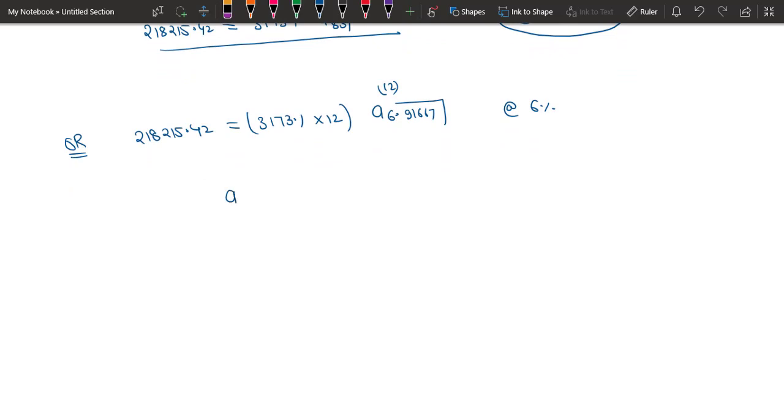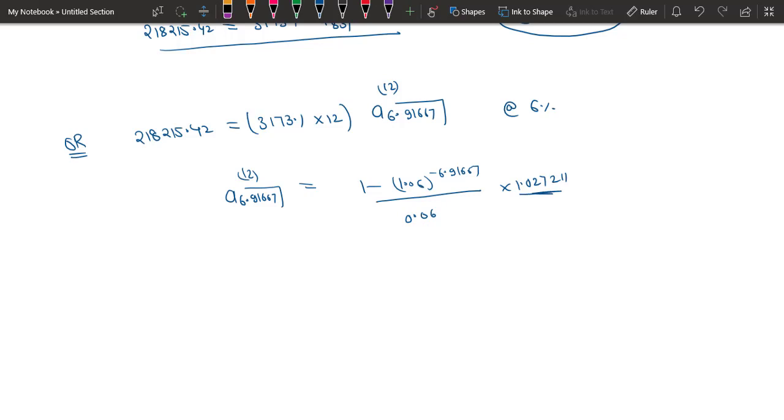So this value will be equal to 1 minus... I have used interest rate i instead of i12.